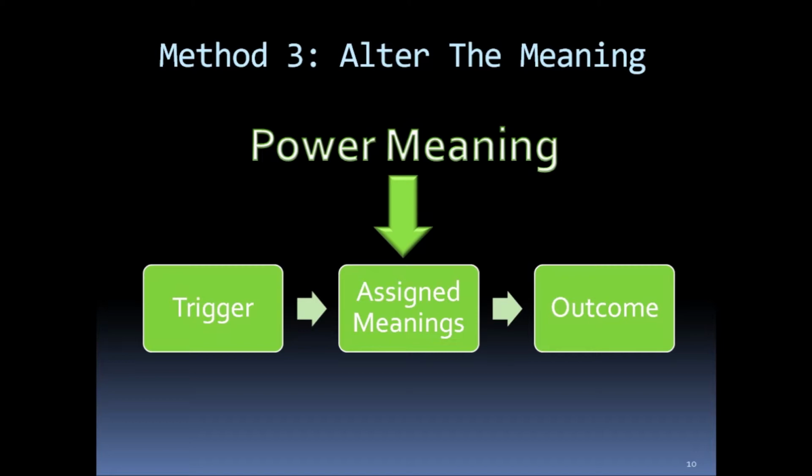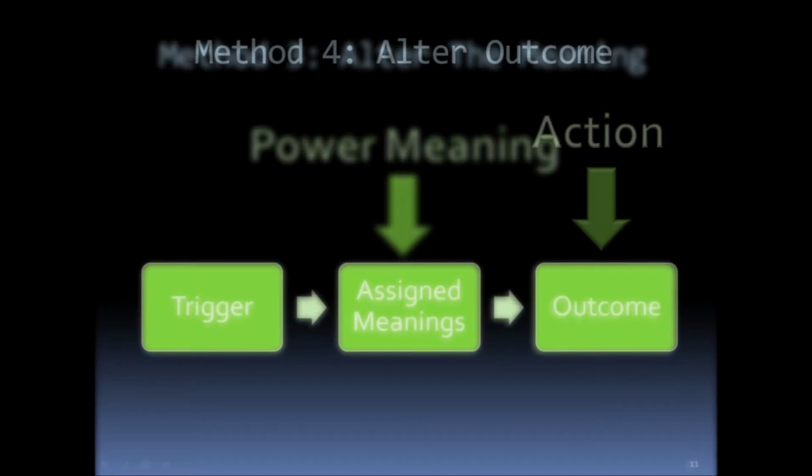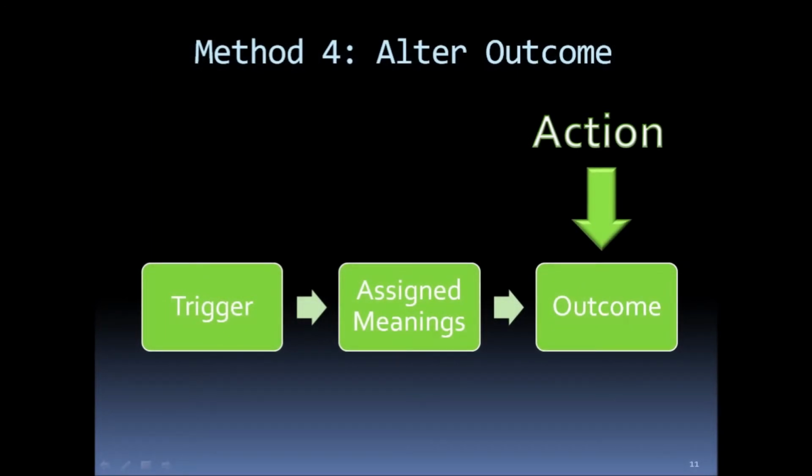The fourth method that I suggested that you can use is to change the outcome. So you have a trigger, you get the meaning, and that meaning says that you're supposed to go and eat an apple pie. Well, maybe you go and drink a glass of water, or you go for a walk, or you do something different.